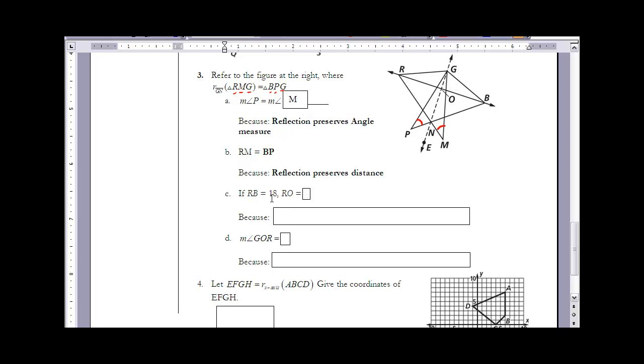Therefore, if RB is 18, RO has to be half of it, or 9 units. Okay? And the reason for that is because we know that the line is the perpendicular bisector of RB. Okay? And then part D says angle GOR is going to be what measure? Well, that would be 90 degrees. Okay? Because it's going to be the perpendicular bisector of RB.